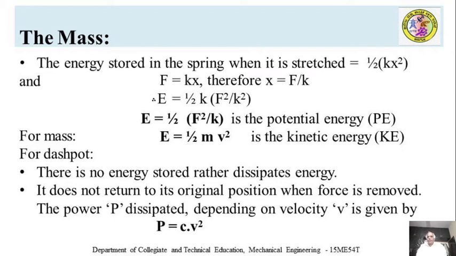For the mass, energy will be equal to half mv square, where v is the velocity of the object. So E is equal to half mv square is the kinetic energy. Now for the dashpot, there is no energy stored, but it dissipates the energy.